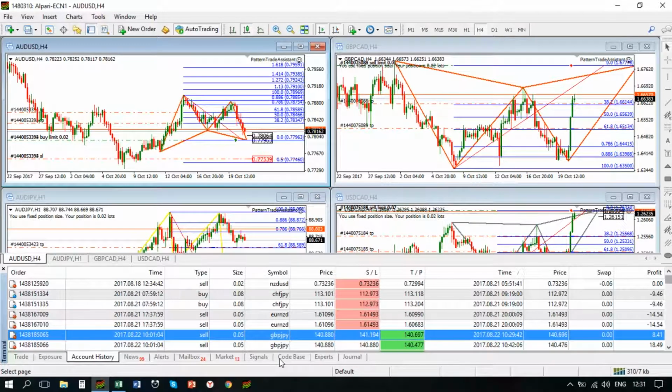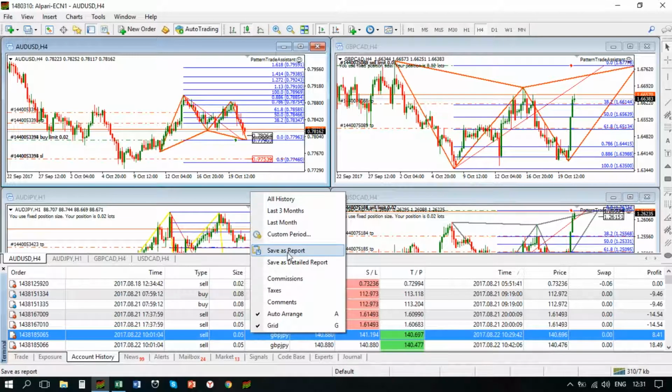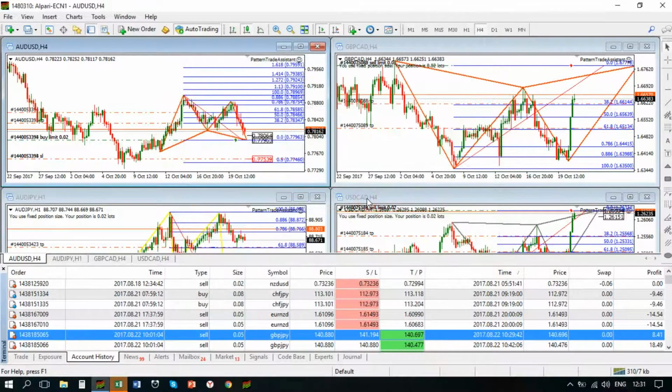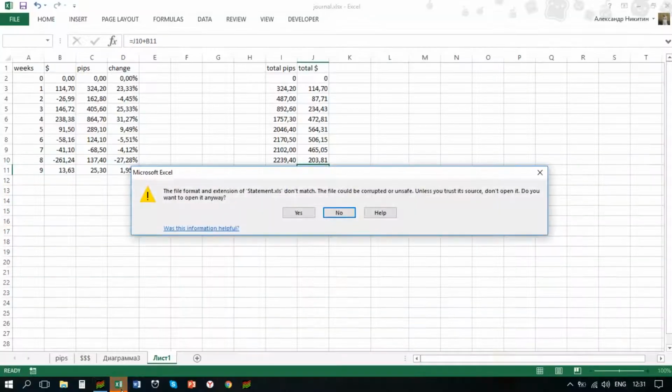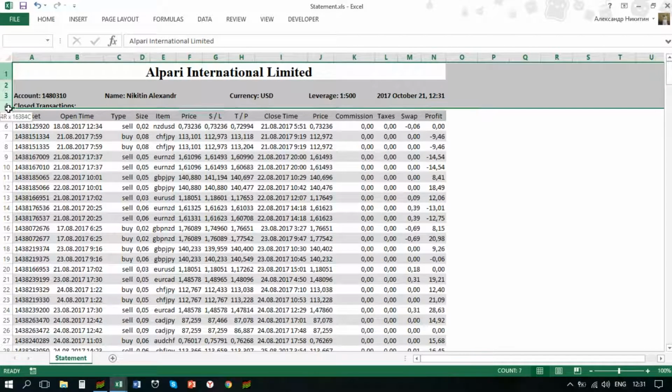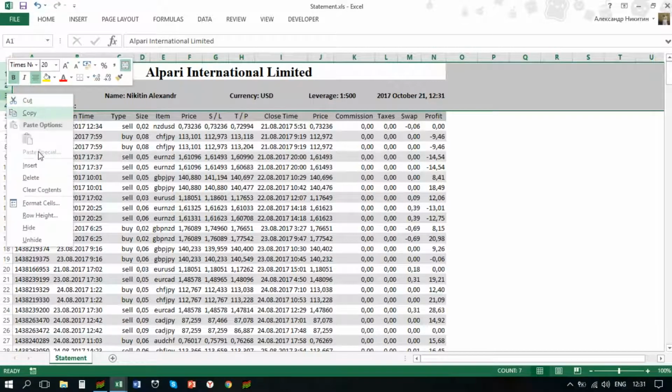So now the data is downloaded from my broker's service. I am to go and do the same. Save as report, change the extension to XLS, yes, replace the existing one, replace the one that exists, allow that. Okay, let's repeat our manipulations.